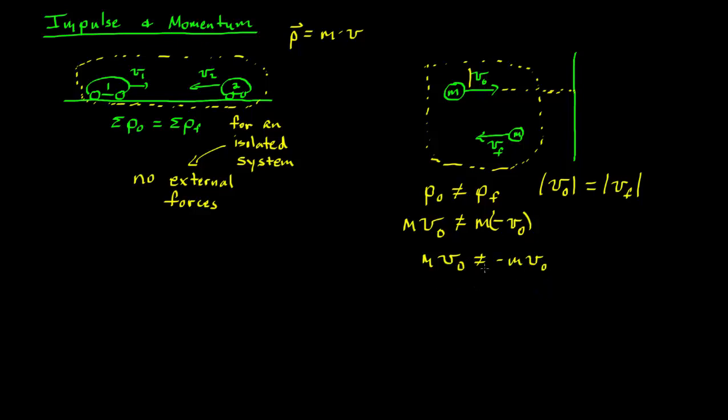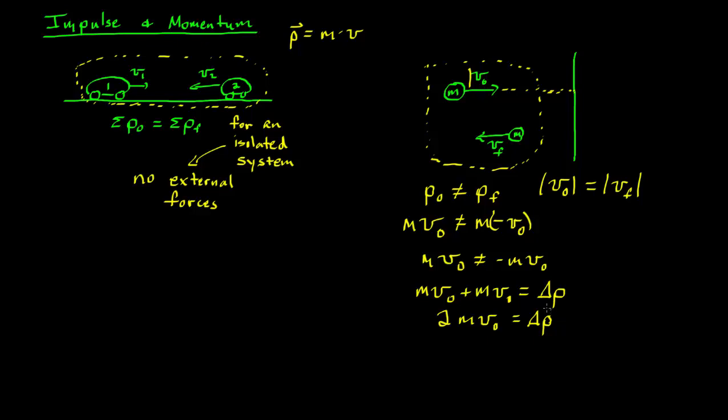If we move this over though, then we get the mass times the initial velocity, plus the mass times the initial velocity, is equal to some change in momentum. And so this would be 2 times mv naught, our change in momentum. So the change in momentum is twice the initial momentum.